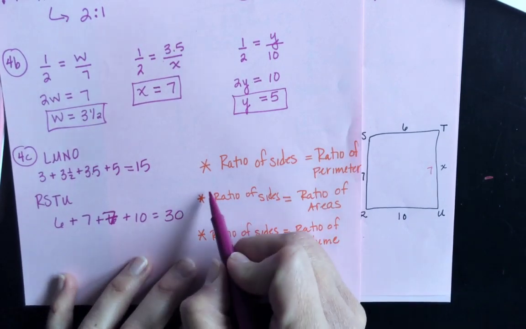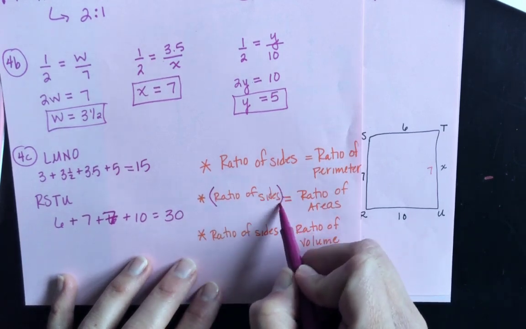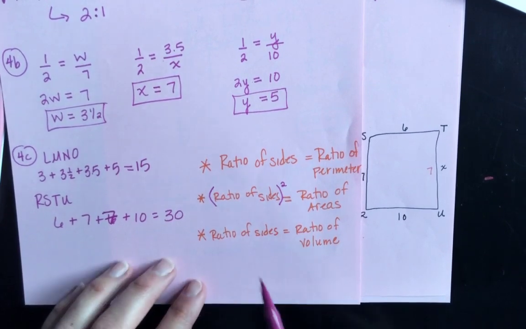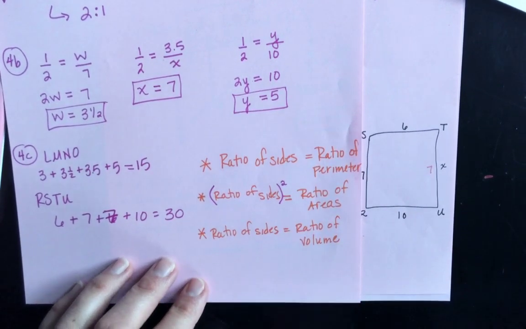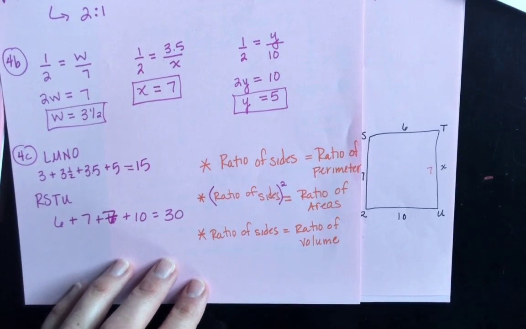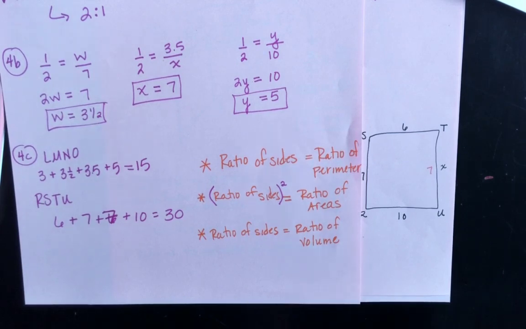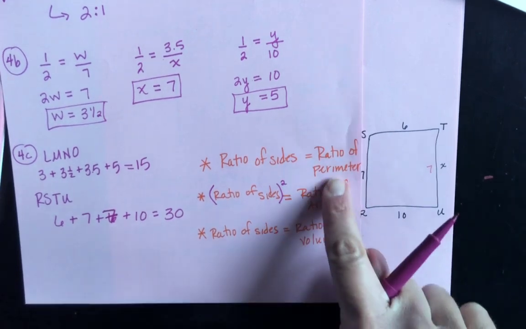Doesn't look like anybody remembers, so this is a good thing to have reviewed. You have to square the sides. So the ratio that we have for the sides is the same as the ratio of perimeter.